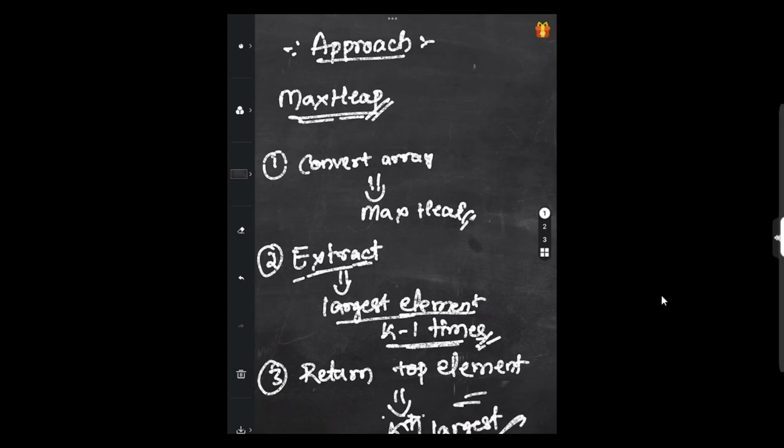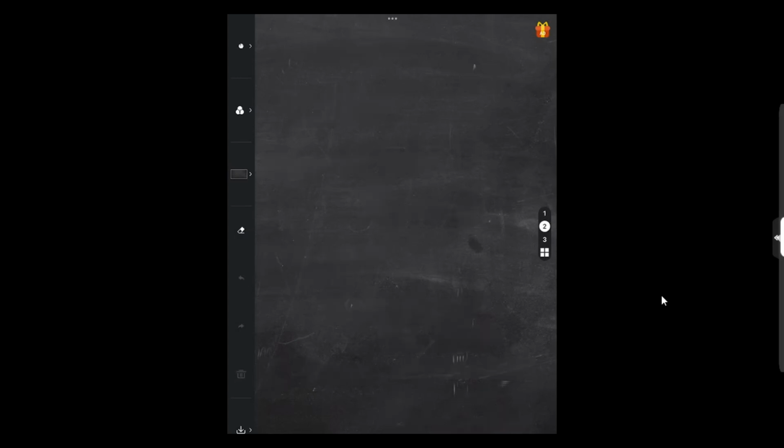I hope this is completely clear. This is the approach that we'll be going with. So let's discuss this with the first example that they have mentioned in the problem. Let's dry run this one.